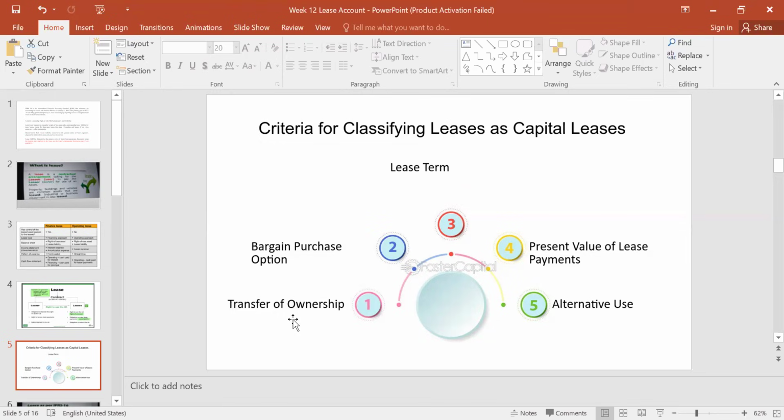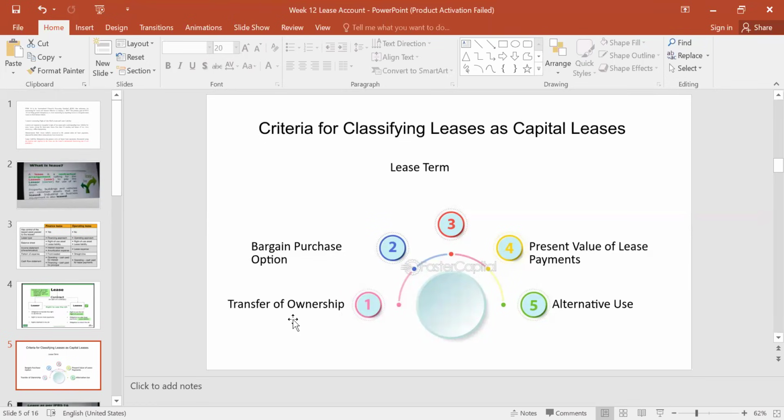This is mandatory for capital lease, but in operating lease, this is not mandatory.